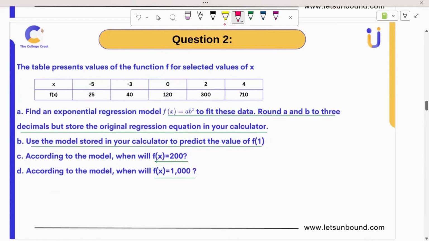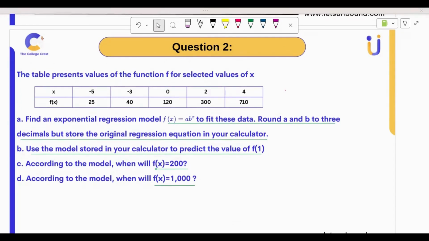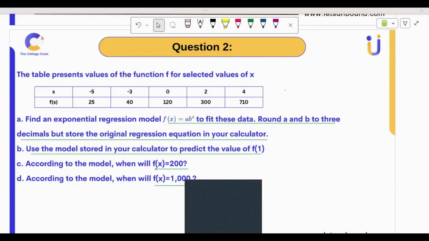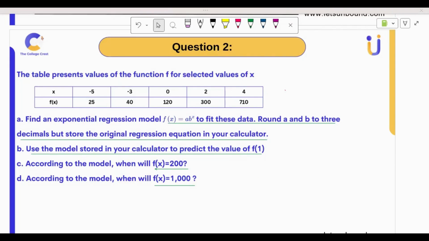Okay, so how to make a regression model? Very simple. You just feed the table values into Desmos, and I will let you know. So let's go to Desmos. Here we go.